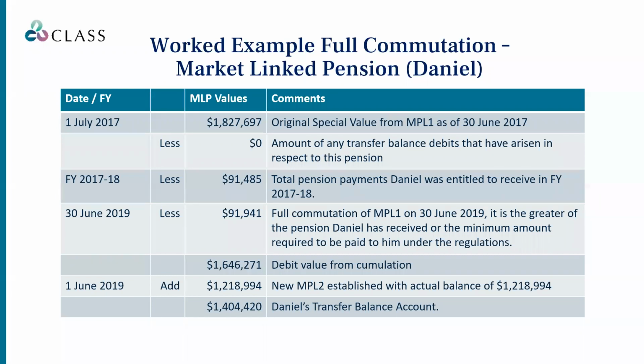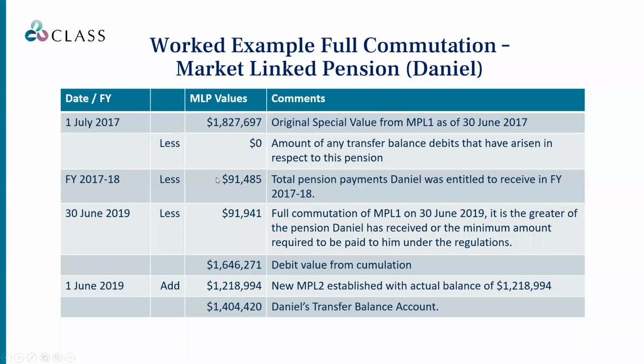You need to do a calculation to assess the greater amount of Daniel's minimum pension based on the existing regulations, as well as the actual payment they made. So in this case, it's 91,941. So if Daniel does a full commutation on 30 June, the debit value from that commutation is 1.646 million.